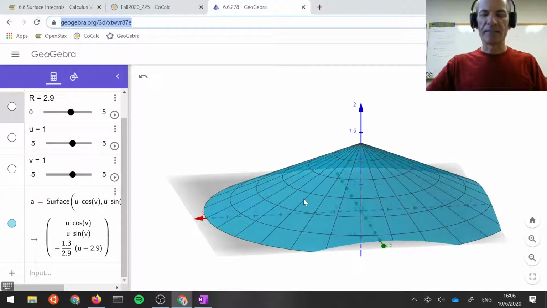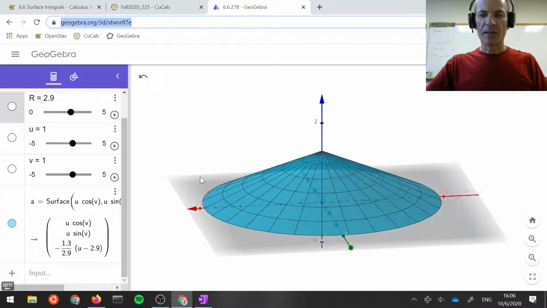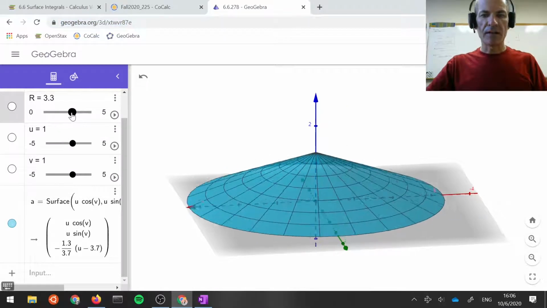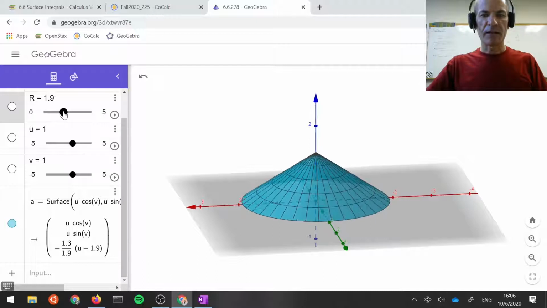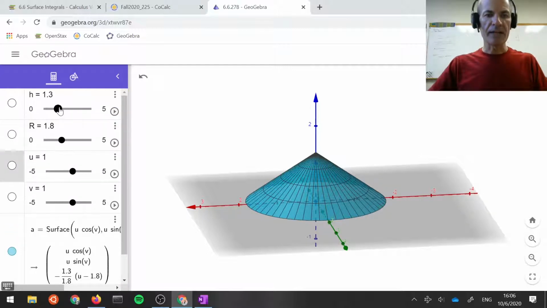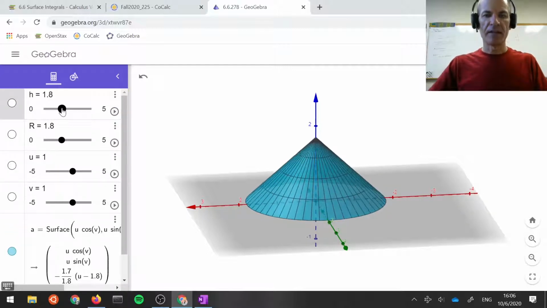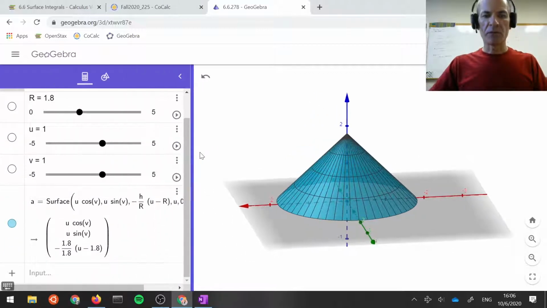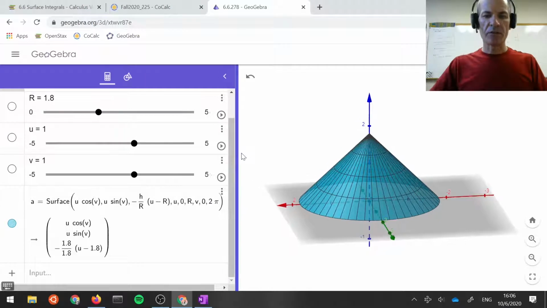There we go. Okay, so here we see a cone. Here's me varying r between 0 and 5. And all that does is change the radius of the base. And then here's me changing h, the height of the thing. GeoGebra lets me plot parametric surfaces.